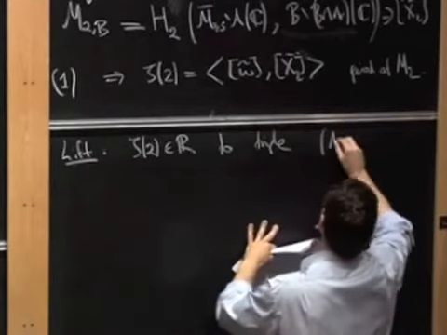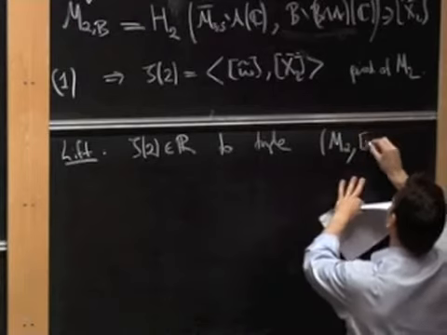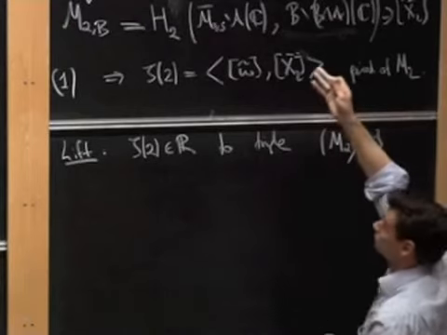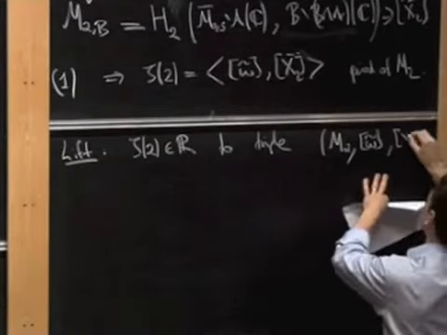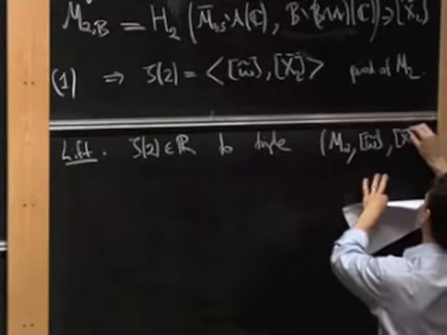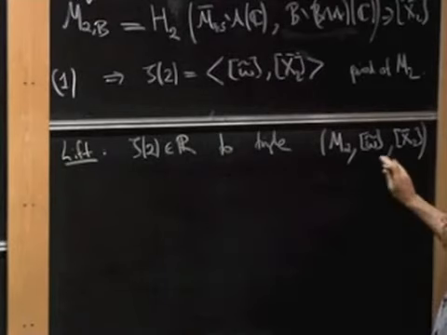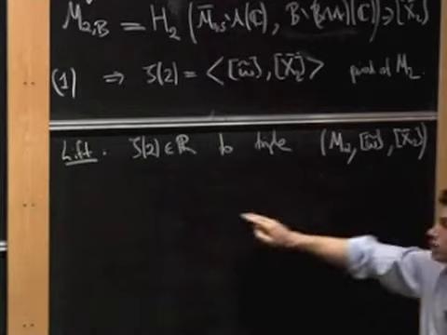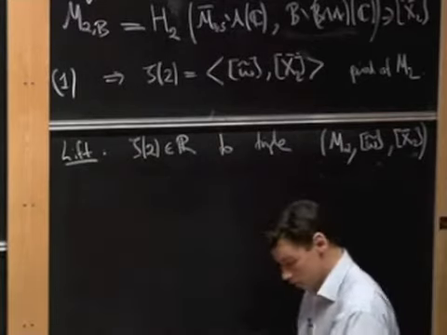So it'll be the motive M2, and then a particular class, omega tilde, in the de Rham realization, which is some vector space, and a particular class in the dual Betti realization. Okay, so here we've got all the geometric information about the integral encoded in this algebraic data, and you can retrieve the number simply by pairing these two things together. So no information is lost.